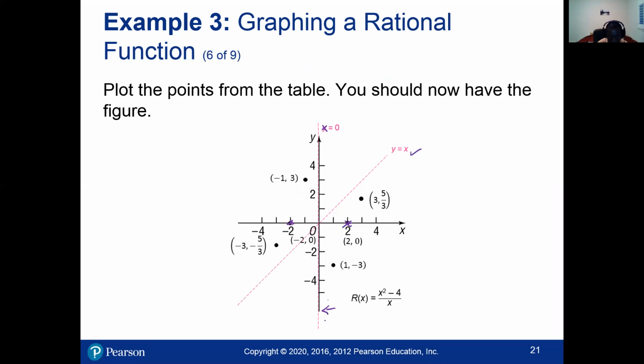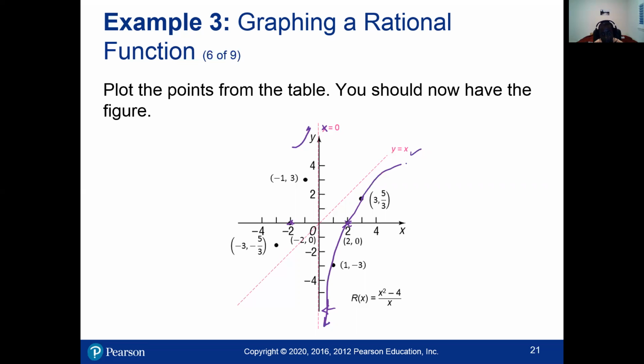And if you're approaching from the left, it goes to positive infinity. So we have all this and we can put it together. We can join these points and come down like that.